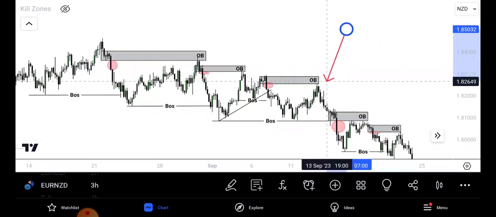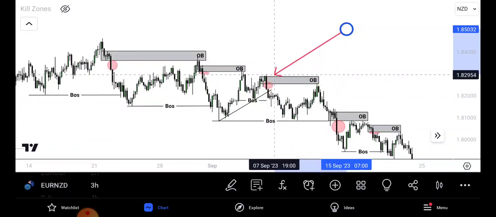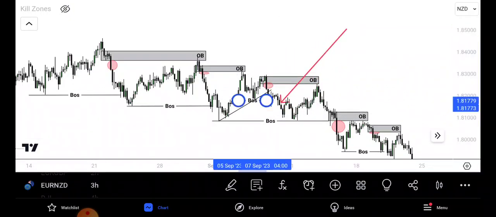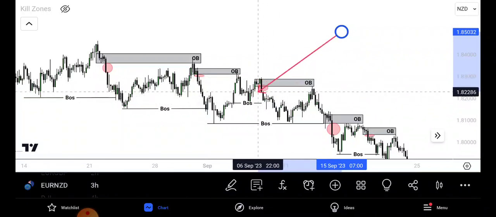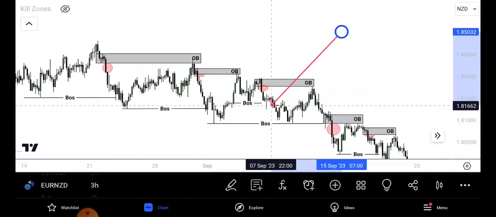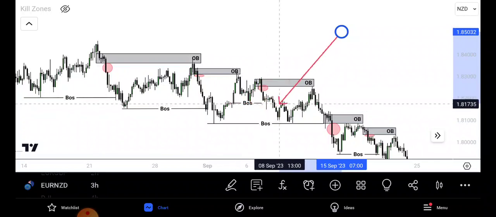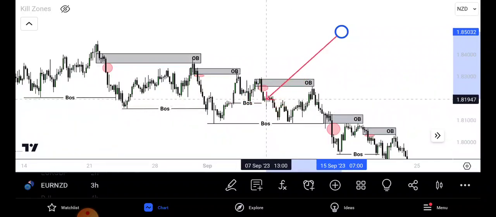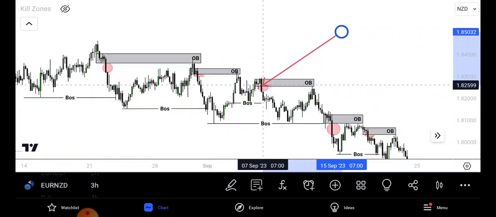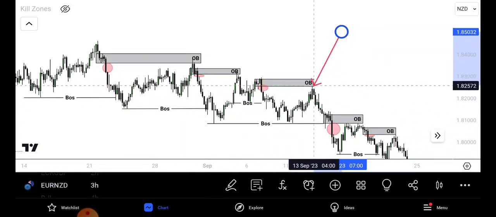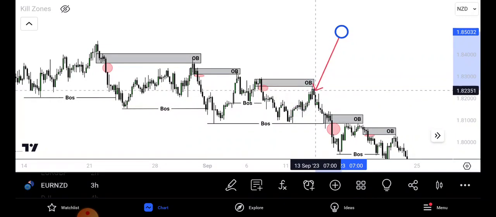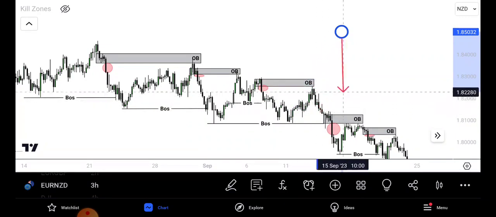You can see that after that, in this little point here, the market broke minimum structure, and we had an order block area here. After the market broke that minimum structure, we looked for our imbalance, we saw it, we looked for our order block, we saw it, and then we looked for the last element, liquidity.